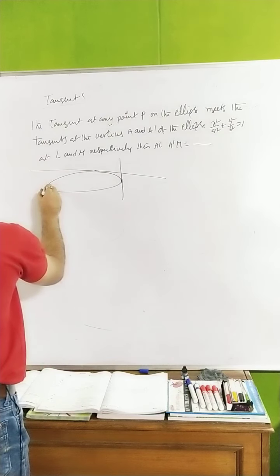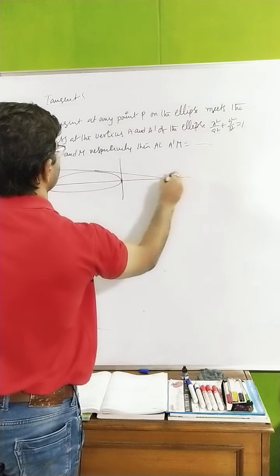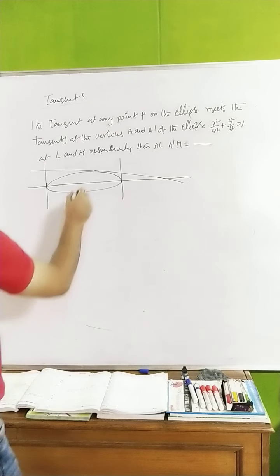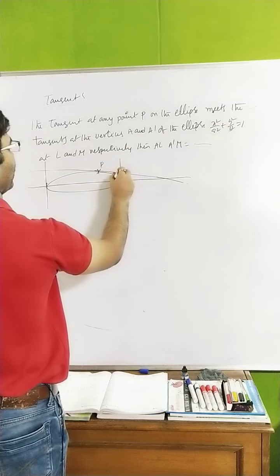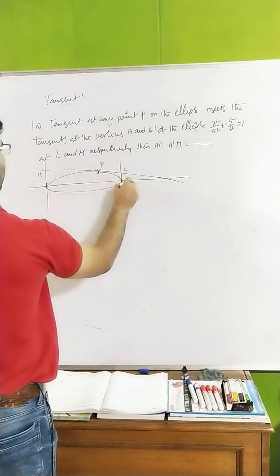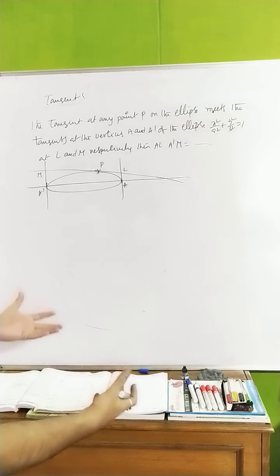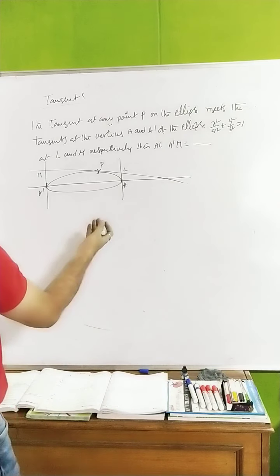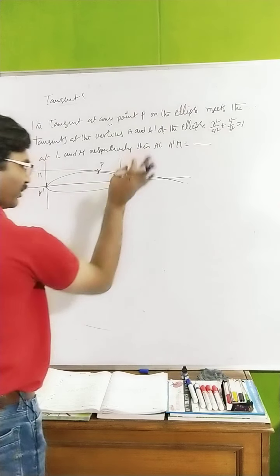These are the tangents of the ellipse at A and A dash. The tangent at any point P on the ellipse meets the tangents at A and A dash at L and M. This is A, this is A dash. You can go for any one of the equations, taking y is equal to mx plus under root of a square m square plus b square also, or anything else, we will get the same answer.